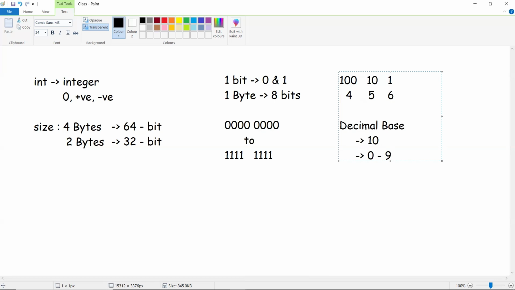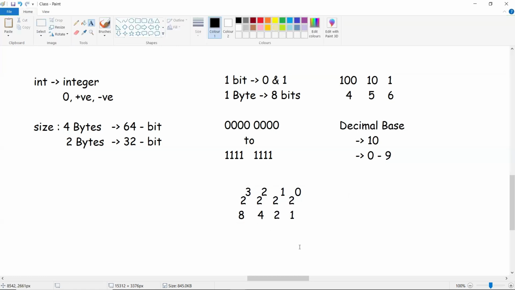But if you stick to binary base 2, what do you get? You get 2 power 3, 2 power 2, 2 power 1, and 2 power 0. 2 power 3 is 8, 2 power 2 is 4, 2 power 1 is 2, 2 power 0 is 1.